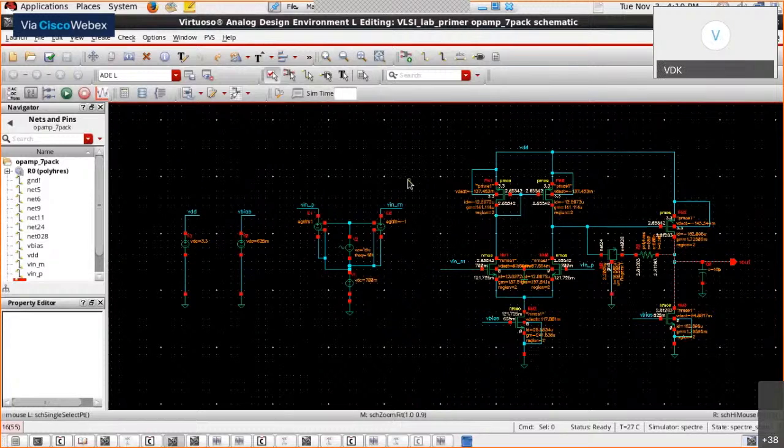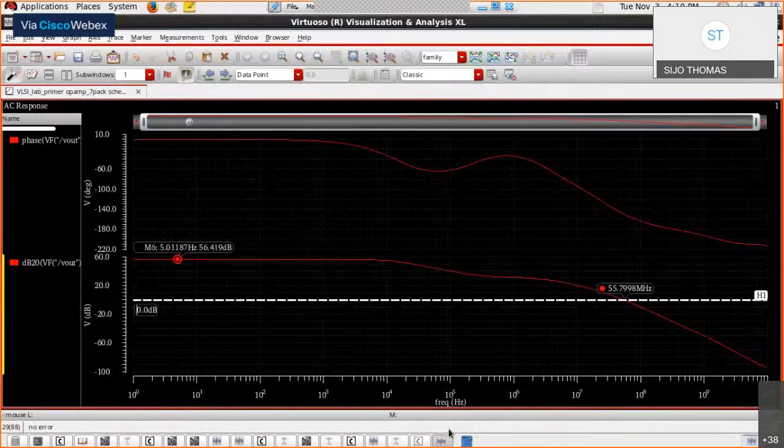So we are actually getting about 56 decibels of DC gain and about 55 megahertz of gain bandwidth. All right, so that's the performance of this particular operational amplifier.